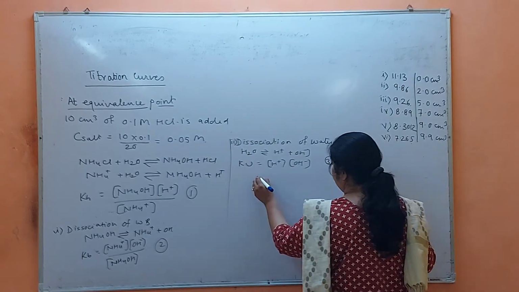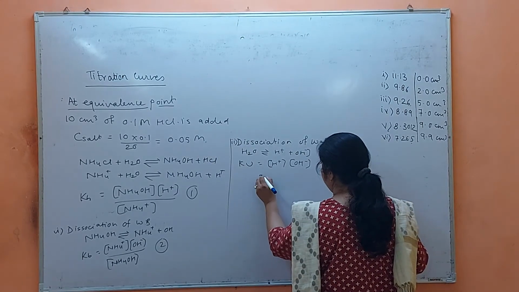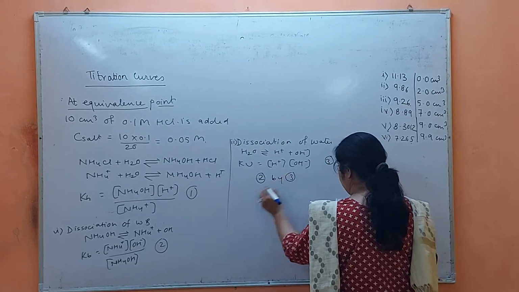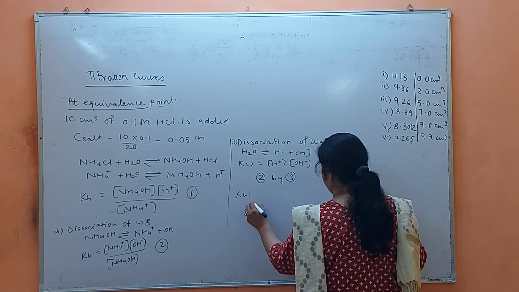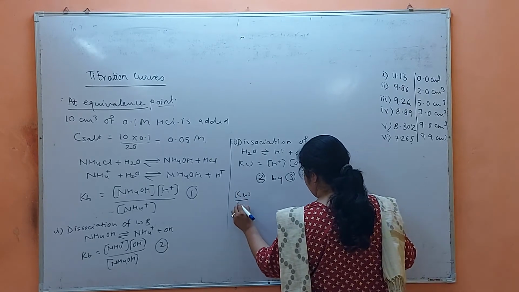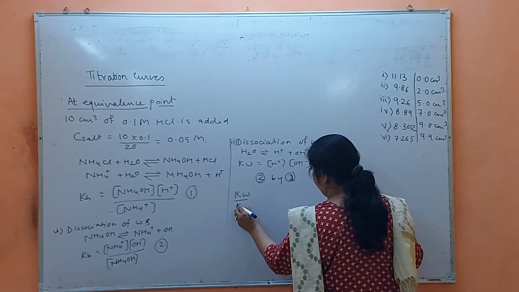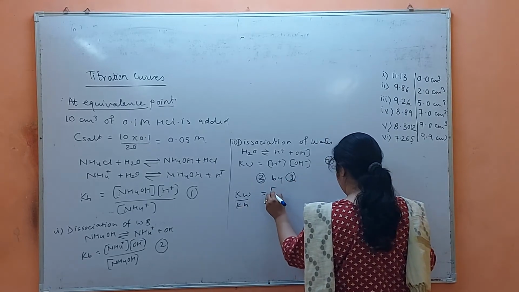So dividing 3 by 2, Kw upon Kh will be equal to what?